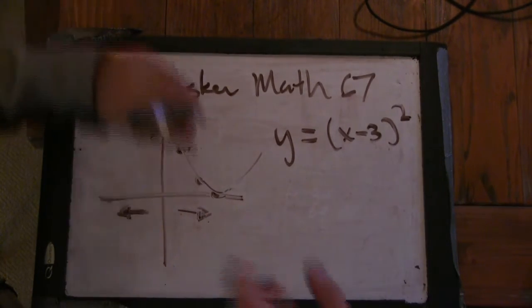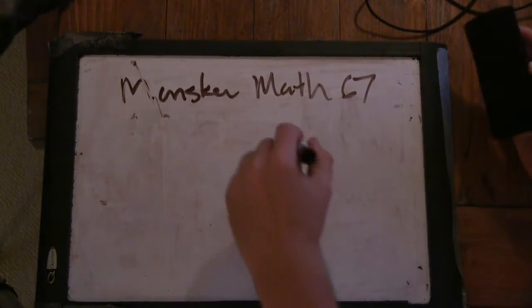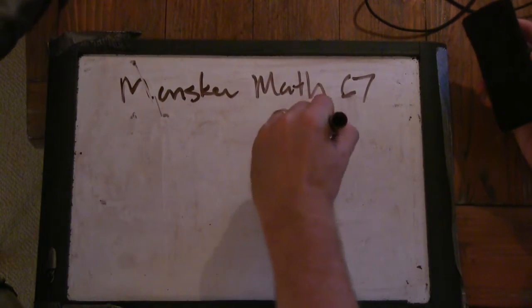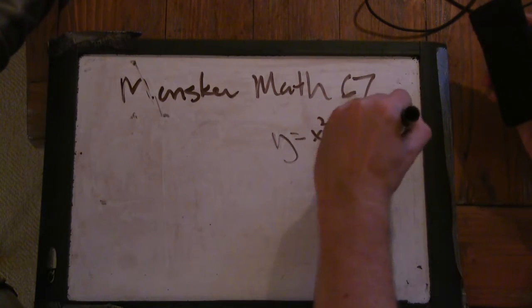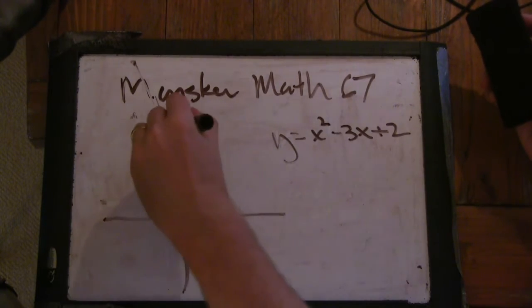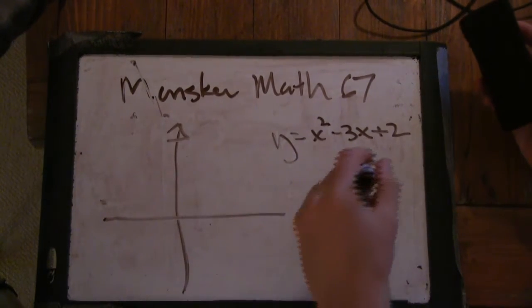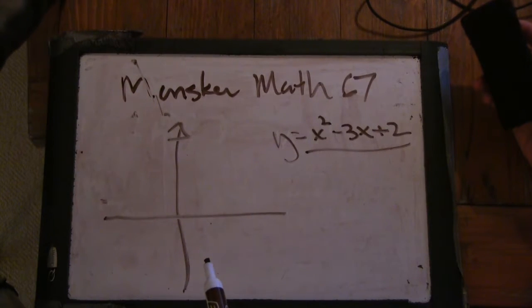Now, without plotting points, I want you to take a look at one more parabola: y equals x squared minus 3x plus 2. How would we figure out how to sketch the graph of it?